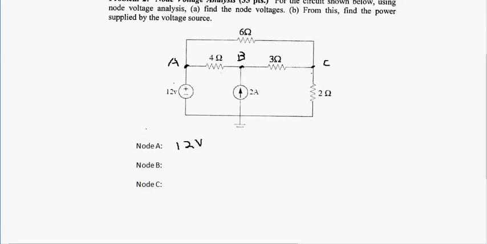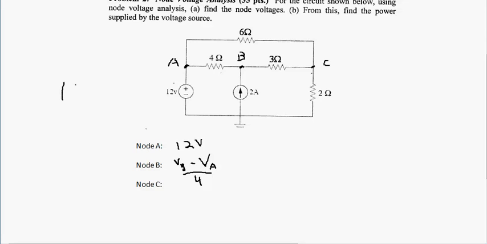For node B, we have to use Kirchhoff's current law, KCL. Let's take VB, the node voltage, VB minus VA over 4 ohms.